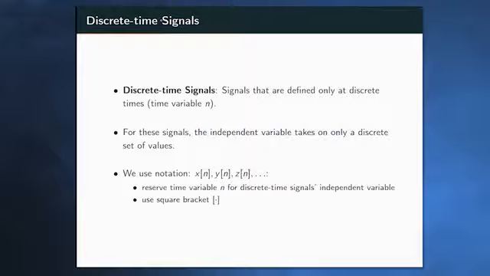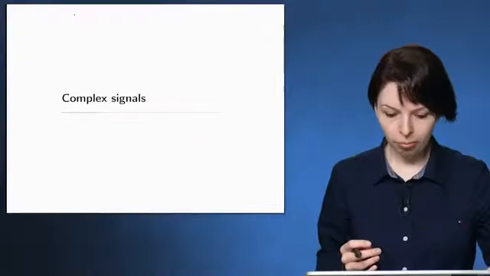We reserve the letter n for discrete time signals as independent variable, and we use square brackets to represent our discrete time signals.